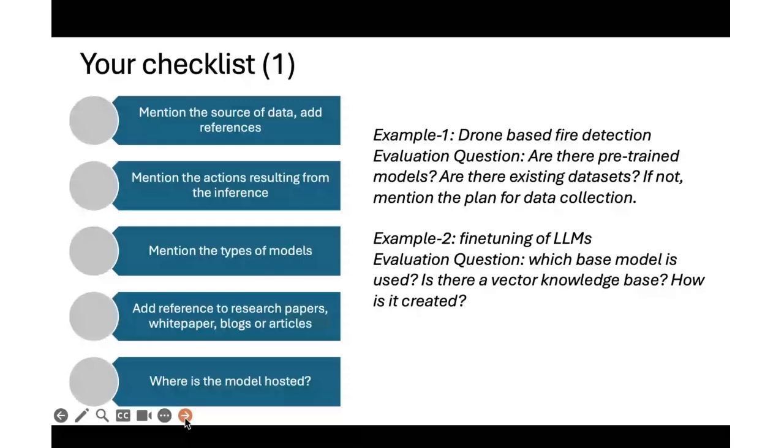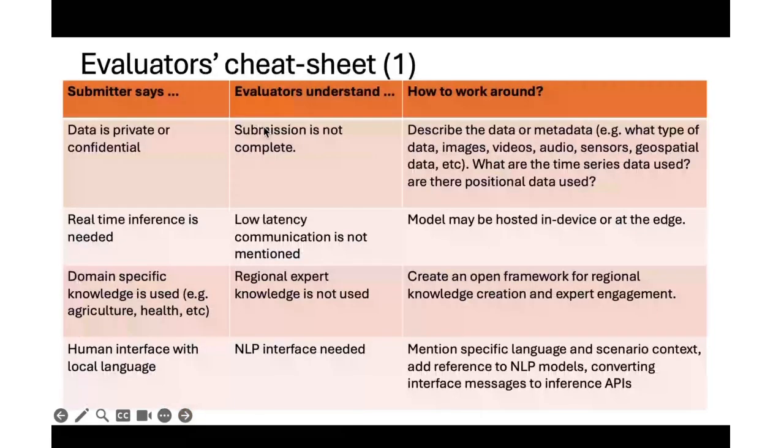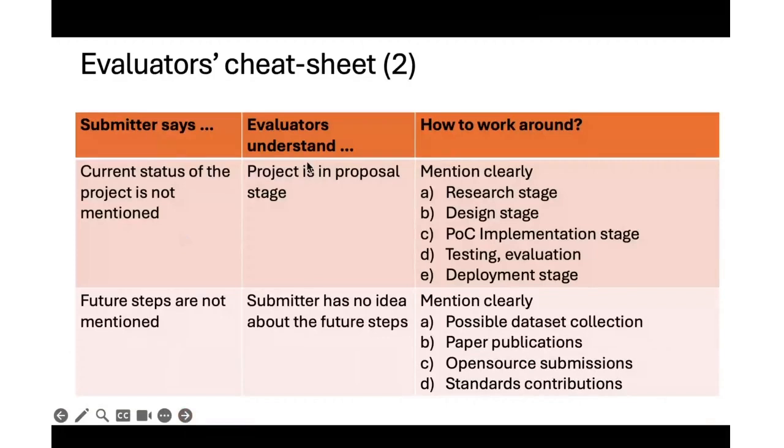And then I gave you the evaluator's cheat sheet, which we use as evaluators to filter submissions: when the submitter says these kinds of things, or when we find these kinds of attributes in the submission, what does it mean for the evaluator, and what kind of impression does it make.